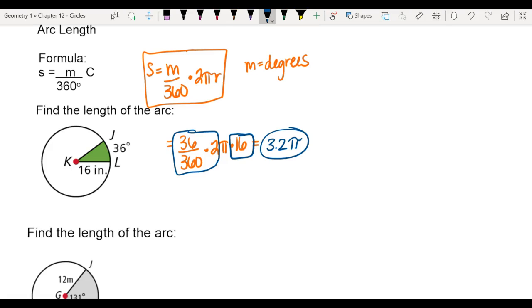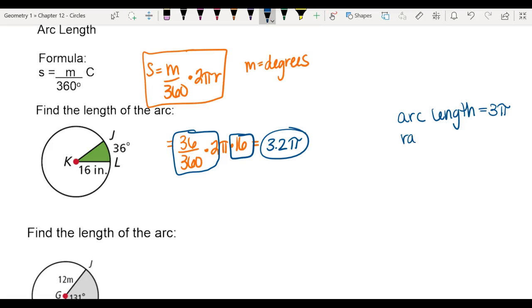Okay, now as people did the IXL last hour, there was a second type that they came up with. So the second type they came up with is they tell you your arc length maybe is 3 pi. Okay.